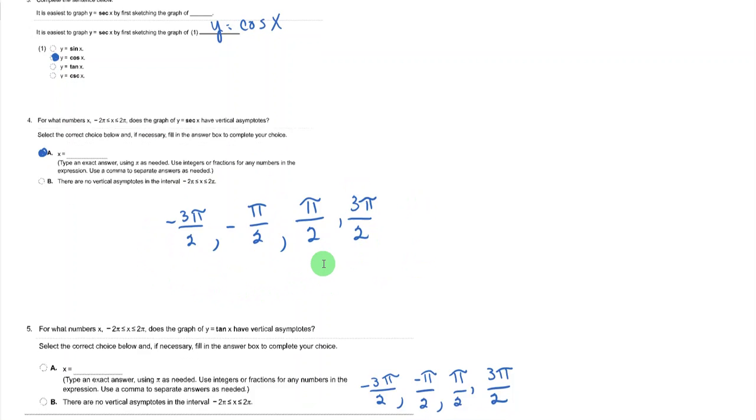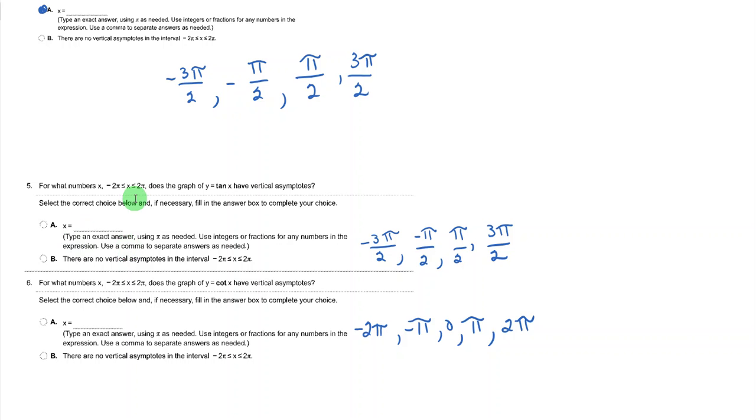They're odd multiples. For what numbers does y equals tan x have vertical asymptotes? You're going to have the same thing. It's odd multiples of pi over 2. So we've got those. Cotan, those are different.